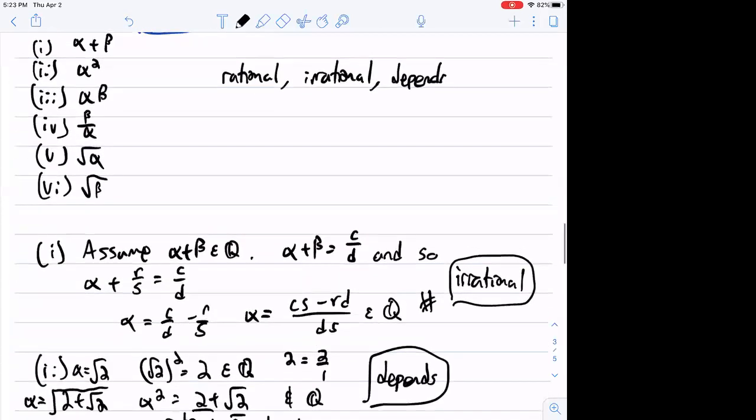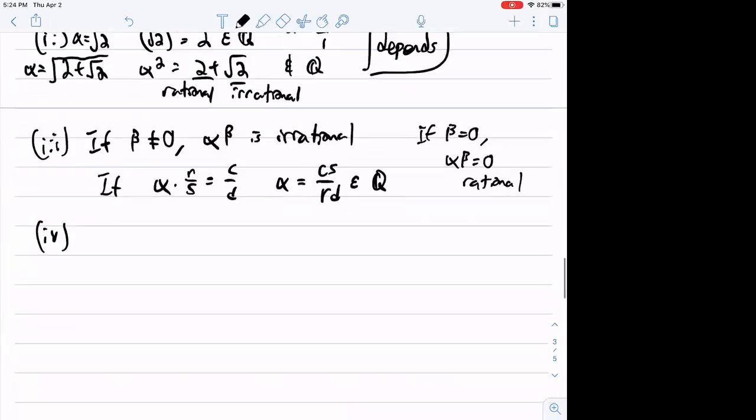So IV, again, beta divided by alpha. Let me just exclude if beta is 0, beta over alpha is 0, which is in Q. So let's consider beta not 0.